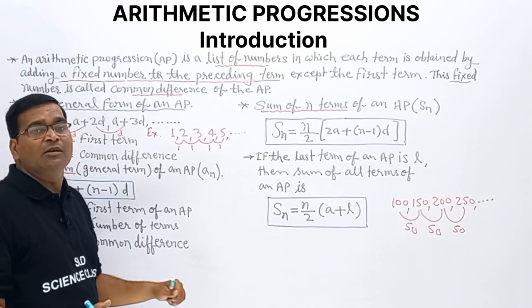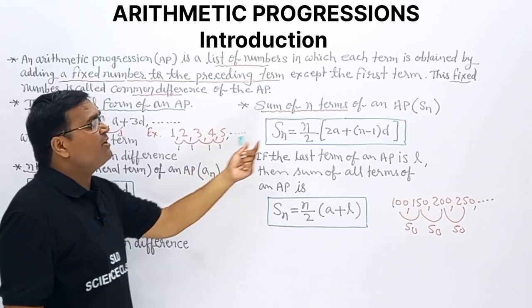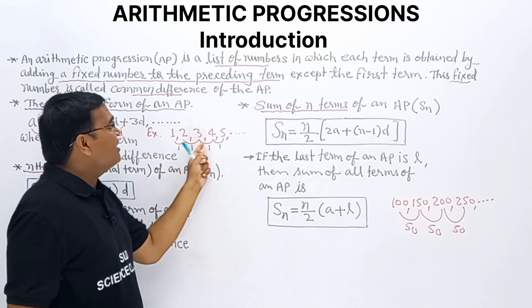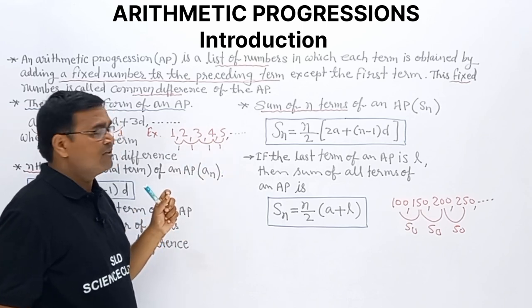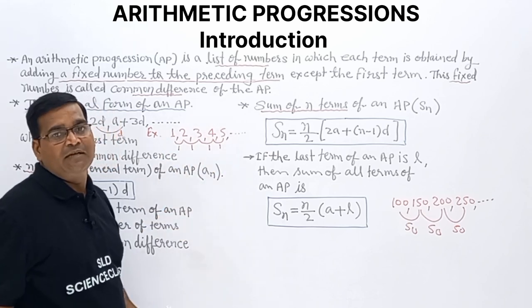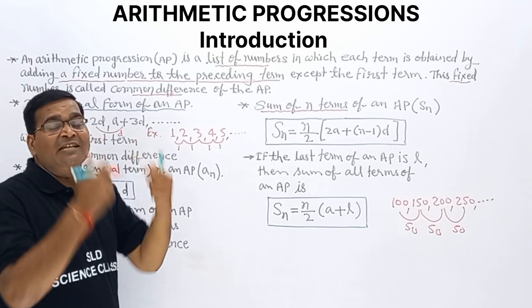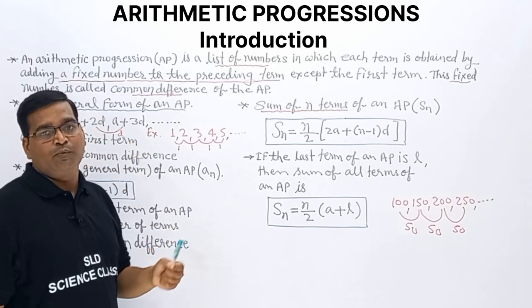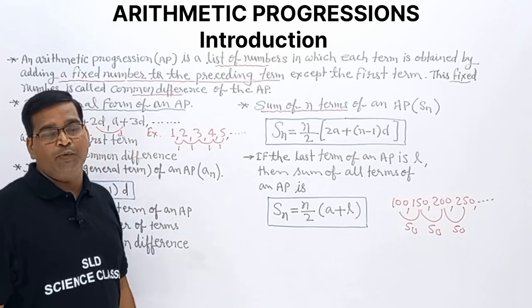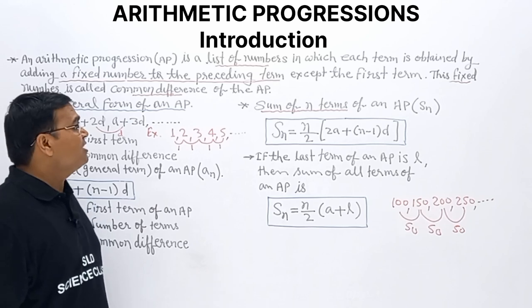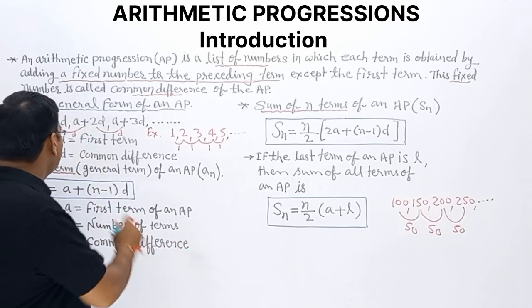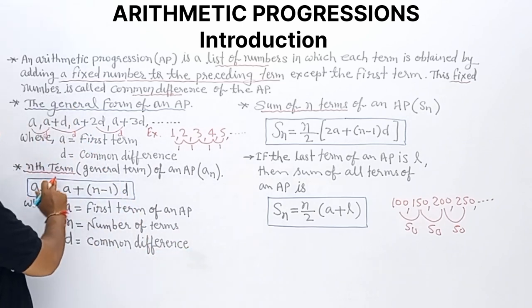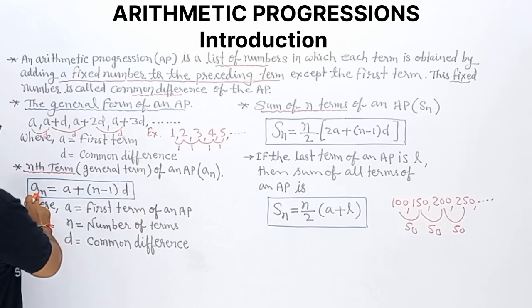Then it will be a little bit difficult. We cannot find it simply. We are having 5 terms in the sequence in the form of an AP, but we require the 15th, the 20th, or the 25th term. Then how will we find it? We will use this formula, the nth term of an AP, an.